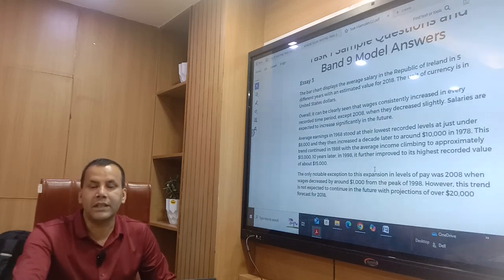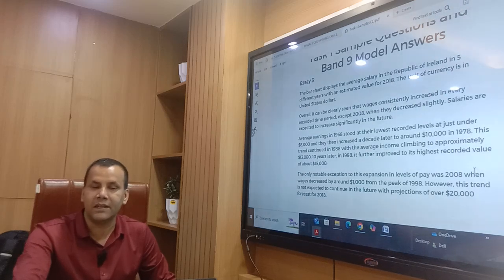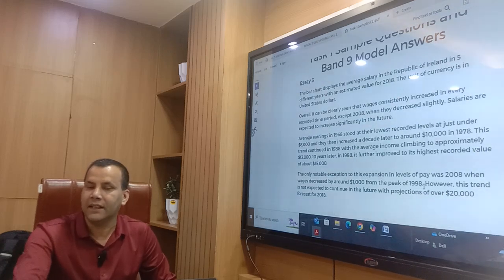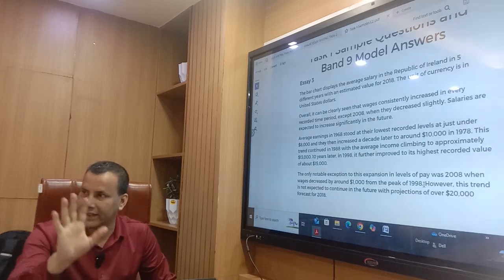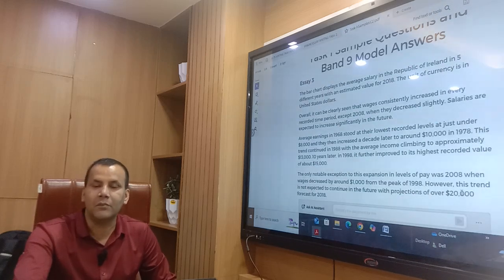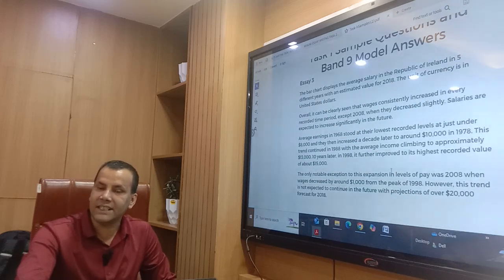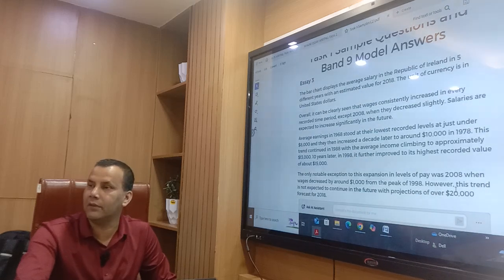The only notable exception to this expansion in levels of pay was 2008, when the wages decreased by around 1000 from the peak of 1998. Somewhere you can see the decrement also. I have used however. If you have to express an opposite idea, you have to use however.